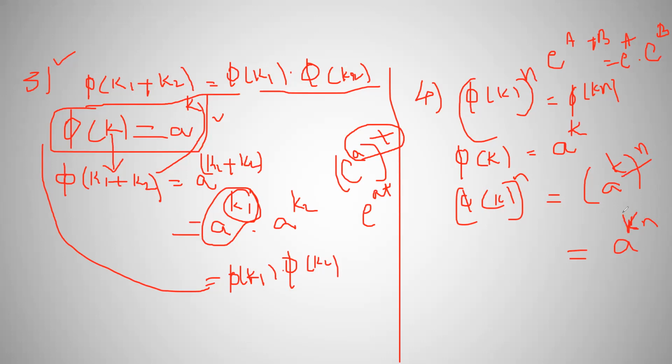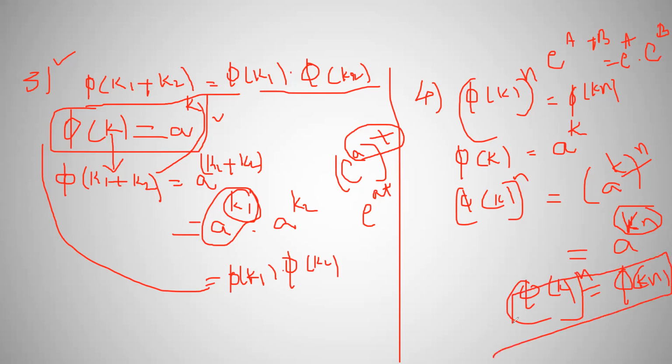So k becomes kn here, and in this formula it is phi of kn. So phi of k whole power n is equal to phi of kn. This is the fourth property.